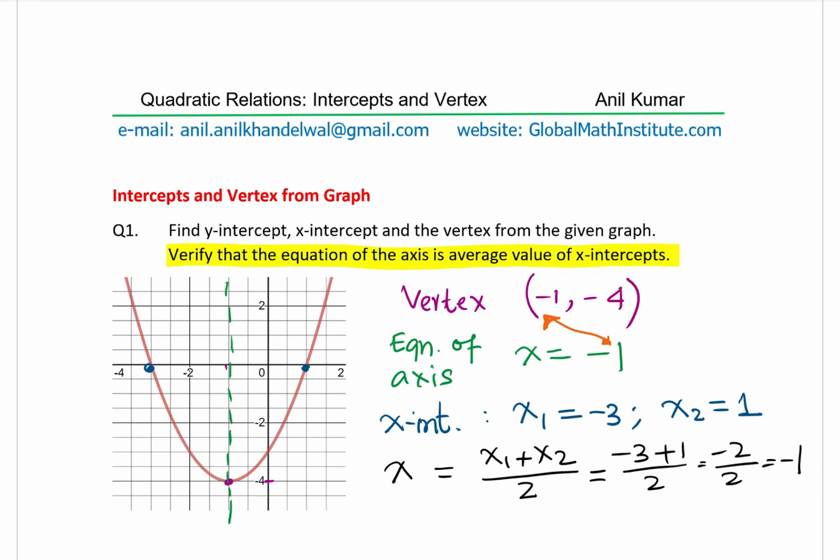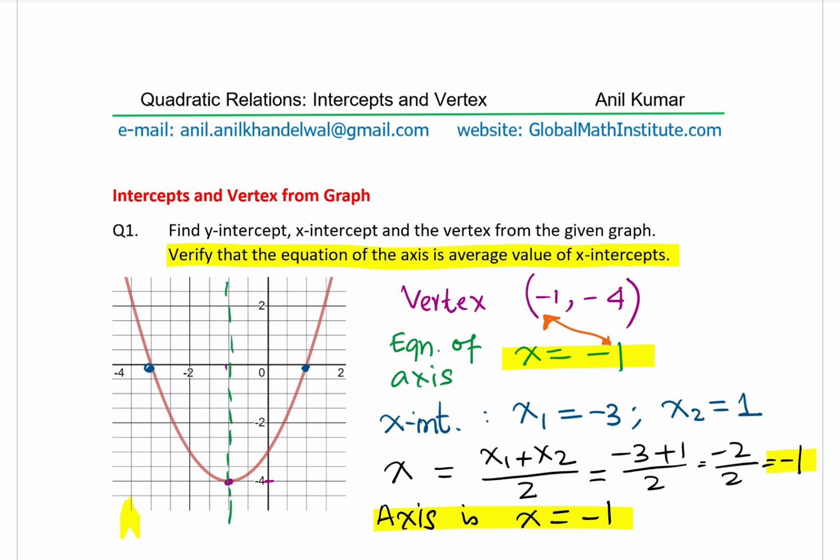Now, as you can see clearly, this value of -1, which is equation of axis, is exactly the same. Perfect. So we have calculated that x equals -1. Is that clear to you? So that is how we can verify.